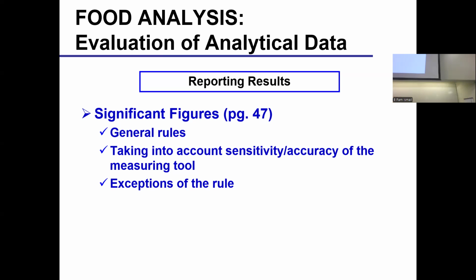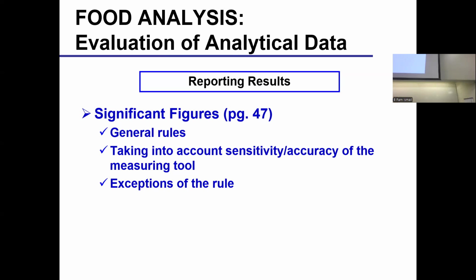How many significant figures should I report? Two, very good. In order to report two, what do I need to do here? I need to round, right? So 9600. That is your value.